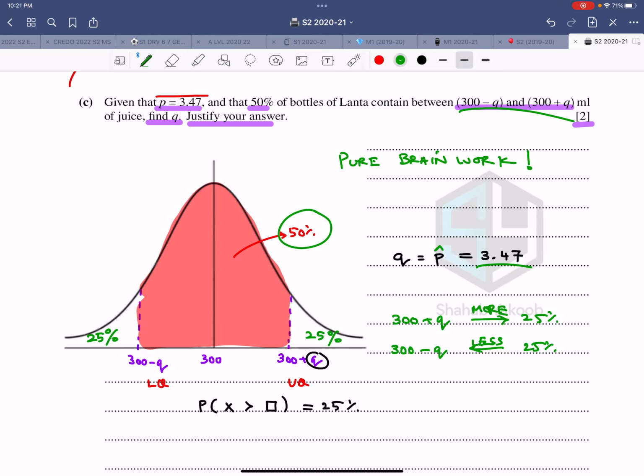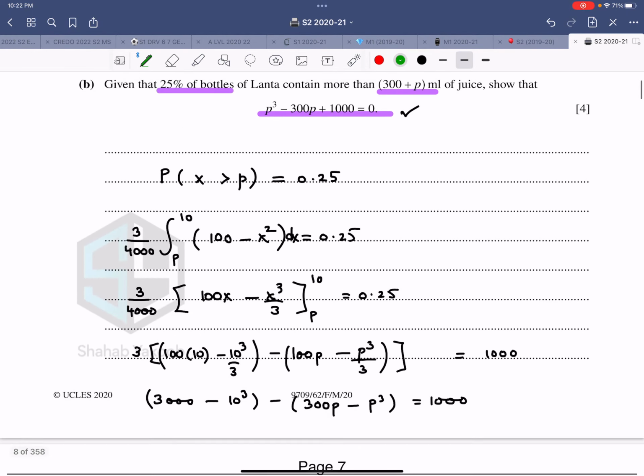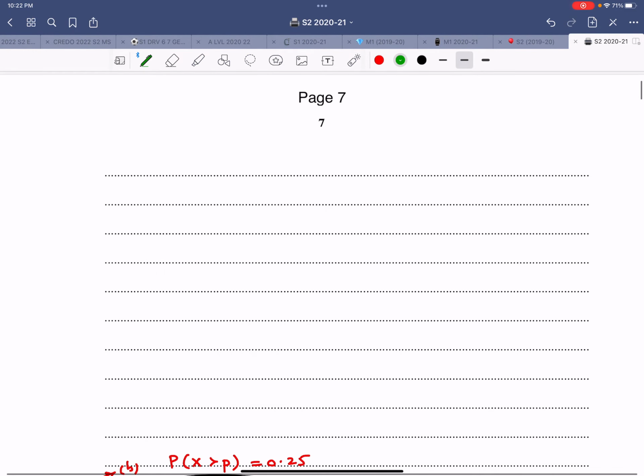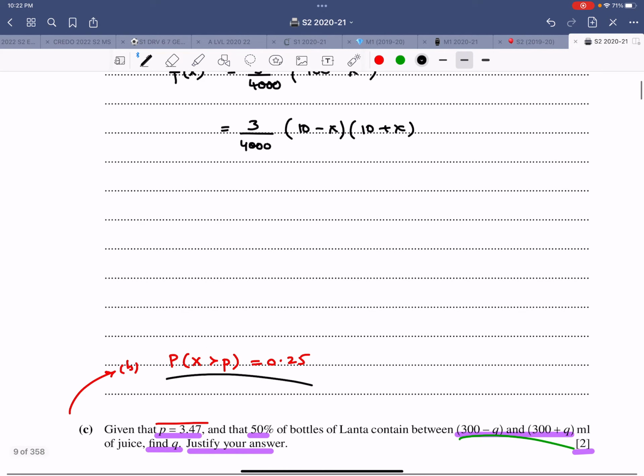Now, I have applied the concept of normal distribution. As such, this was not normal distribution. So what I can do is that I can draw a quadratic curve, because the function is 3 over 4000 times 100 minus x square, which is 3 over 4000 times 10 minus x and 10 plus x. The basic concept is still the same.